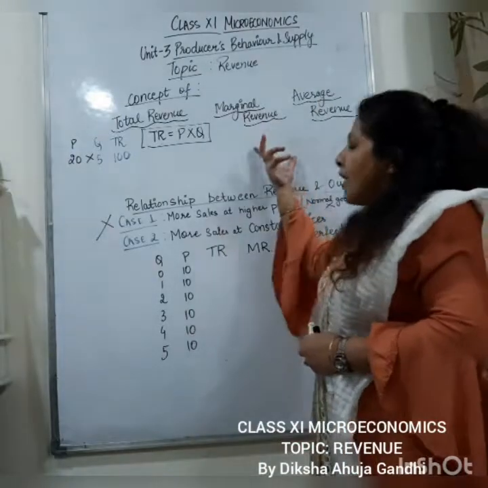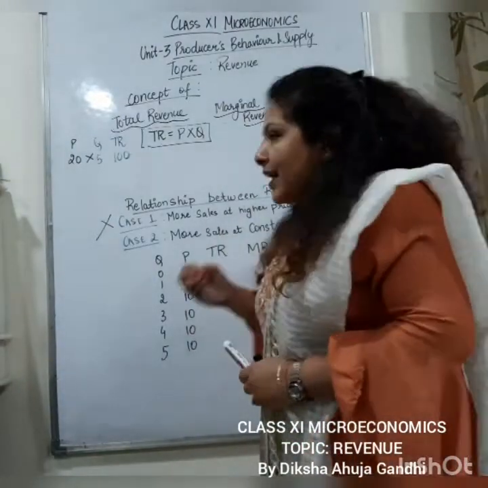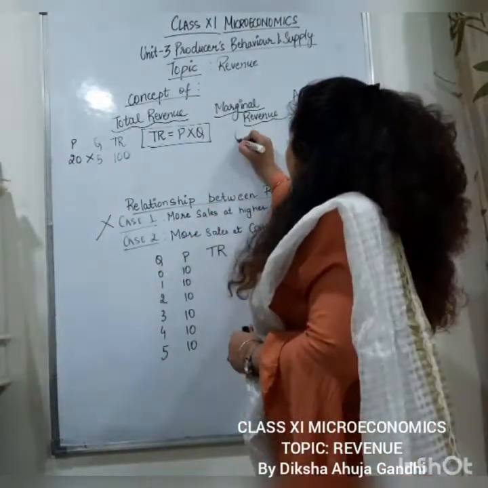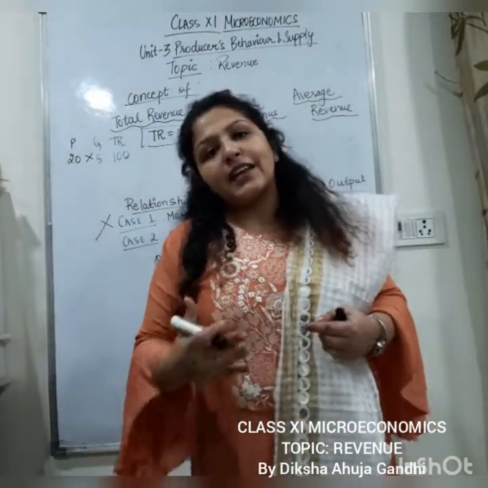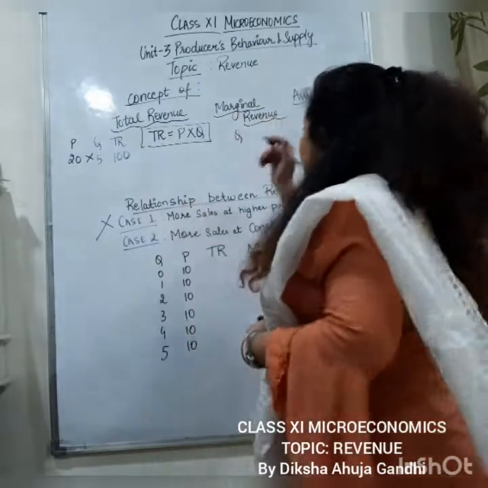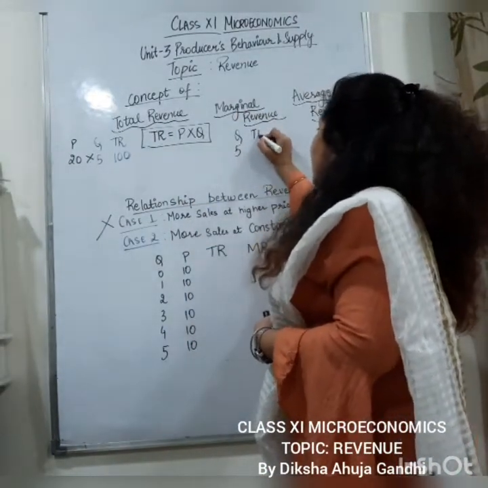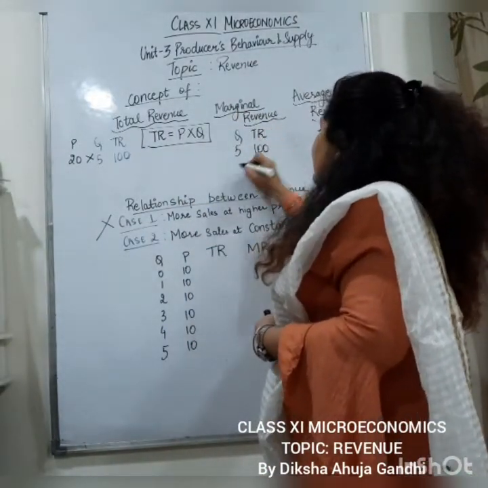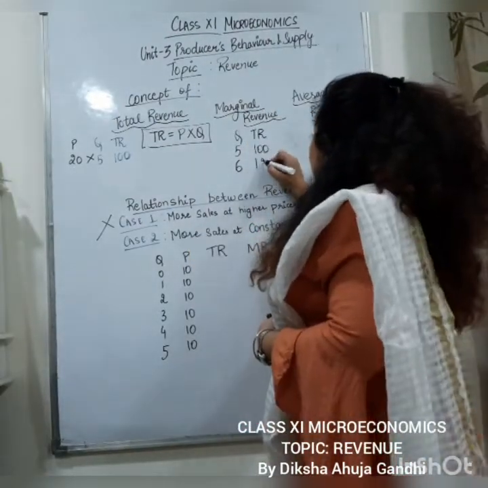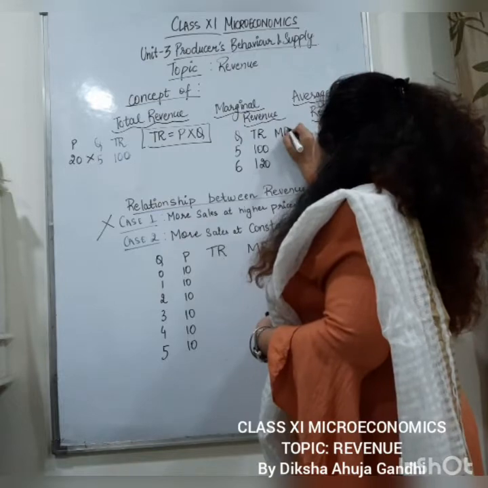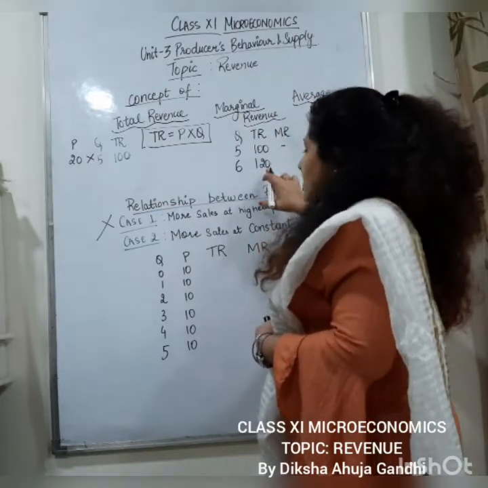Next is marginal revenue, right? Marginal revenue, as you all know, is the additional revenue generated by selling one more unit of the output. Earlier, how much did I sell? 5 units, and I was getting 100 rupees. Let's say I sell 6 units. By selling one more unit, how much additional revenue am I getting? Just calculate MR. If this is 100, this is 120.